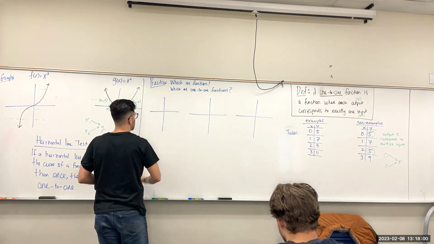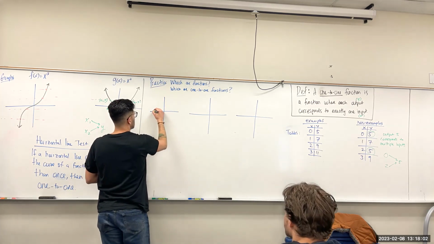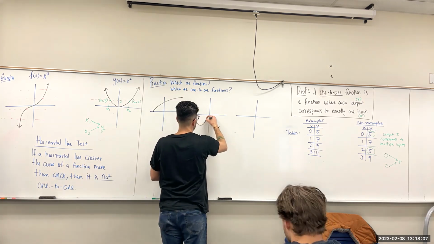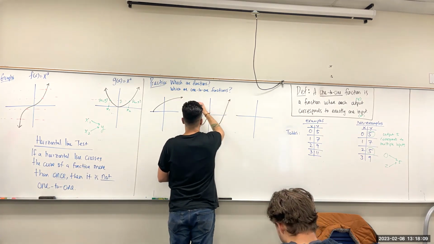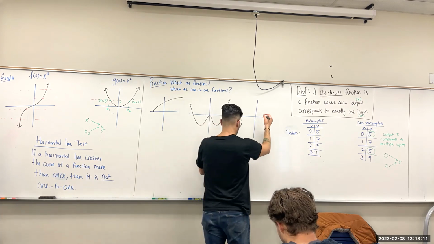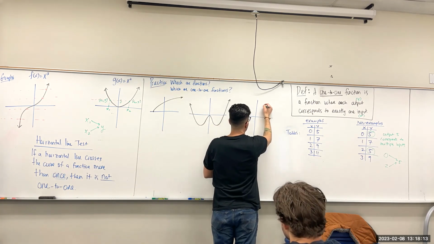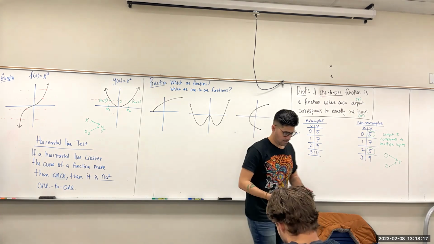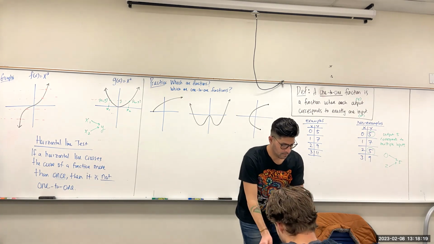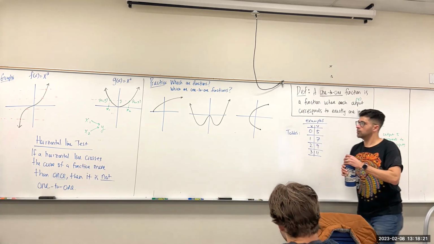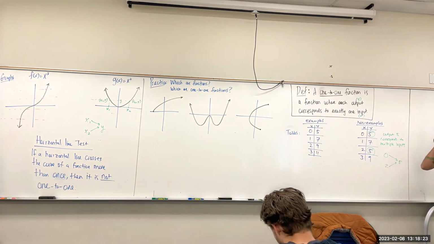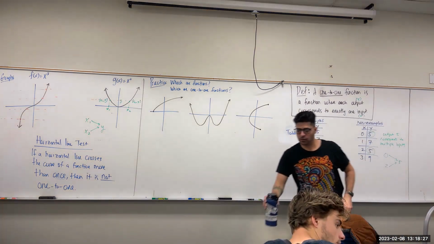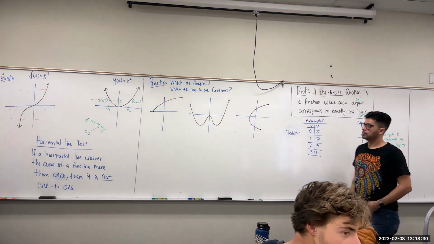All right, we got this bad boy here. We have a nice little squiggly, and then we have this guy. So with your group, just do a quick little concept check. Which ones are functions? Which ones are one-to-one functions?